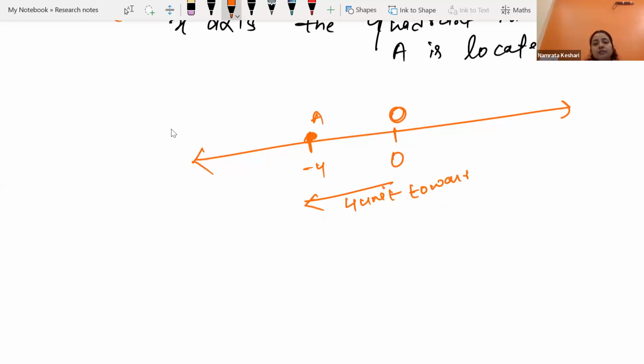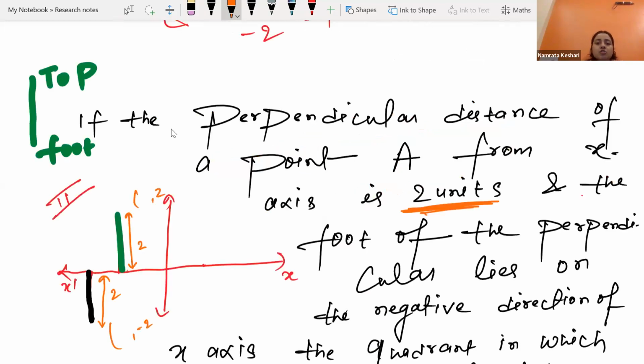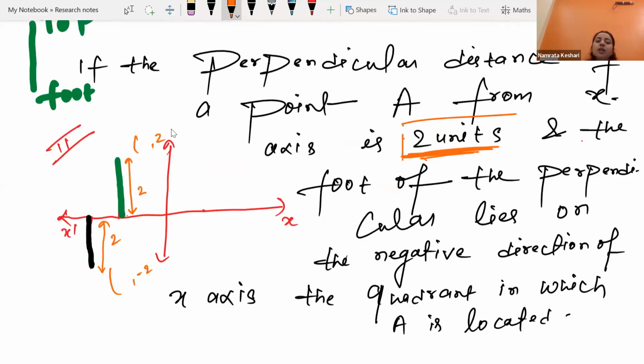Getting it? Yes. So even if the number is negative, when we are talking about the distance, the length, we will not show the sign. So if it says that the distance is 2 unit, the possible answer can be in the third quadrant or the second and the third.